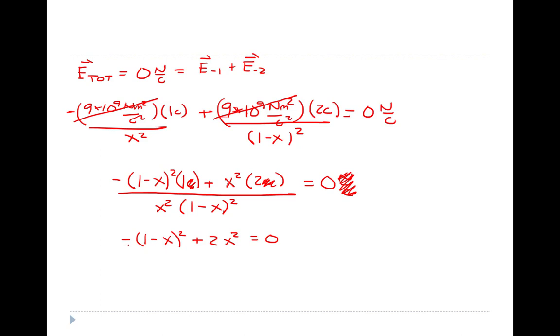Multiplying the parentheses out, that gives me minus 1 plus 2x minus x squared plus 2x squared has to equal 0. Or in other words, x squared plus 2x minus 1 has to equal 0.